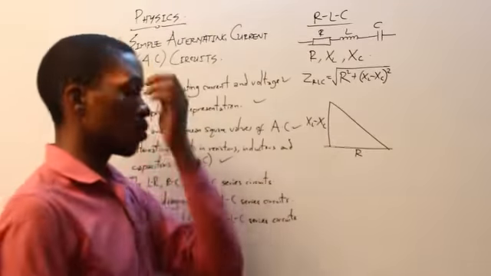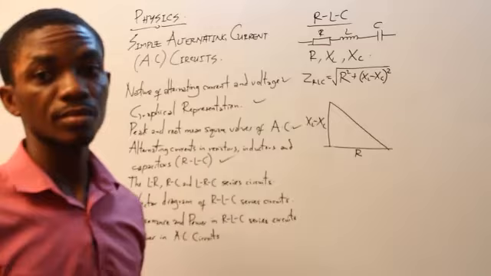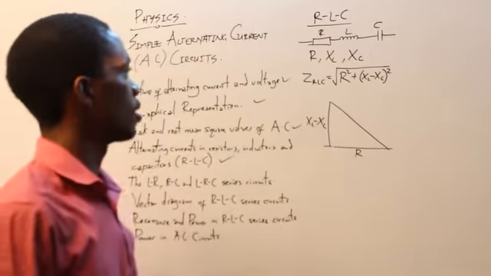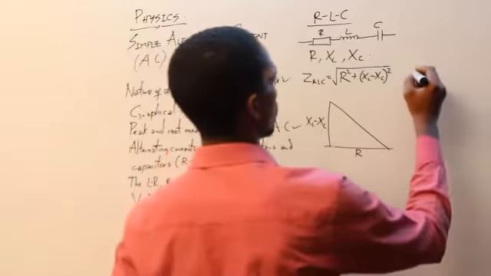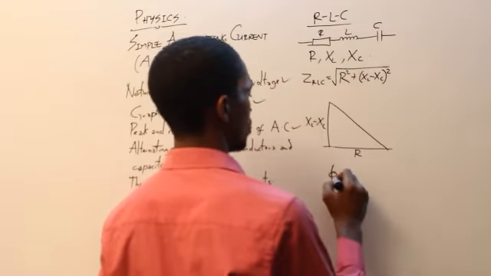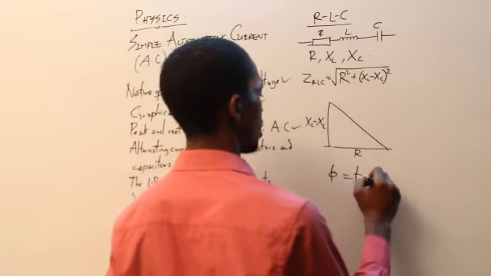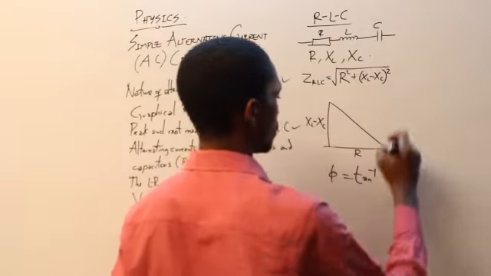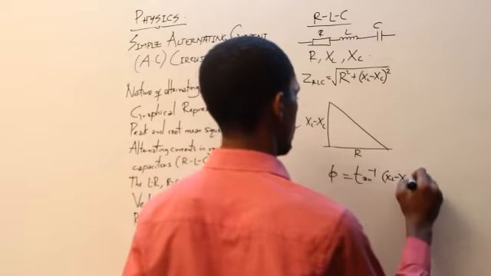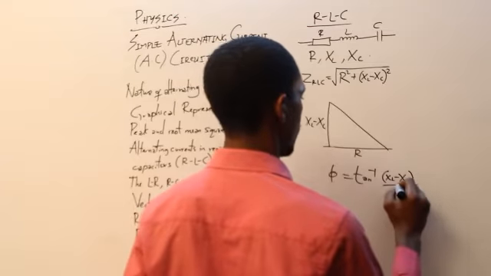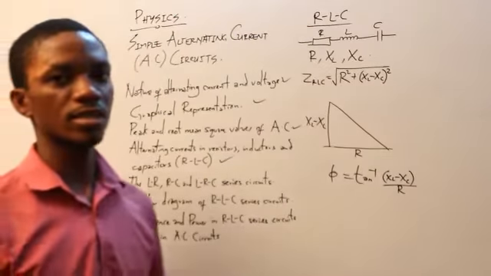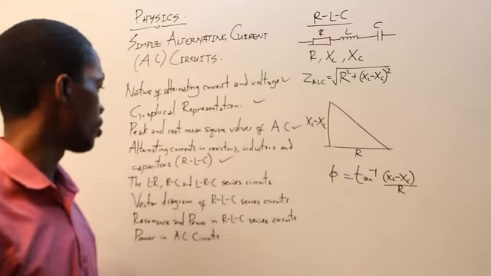So this is how we calculate the impedance for the whole setup. And when we want to calculate the phase angle, in the same manner, we use arctan of XL minus XC divided by R. You can use that to calculate the phase angle.